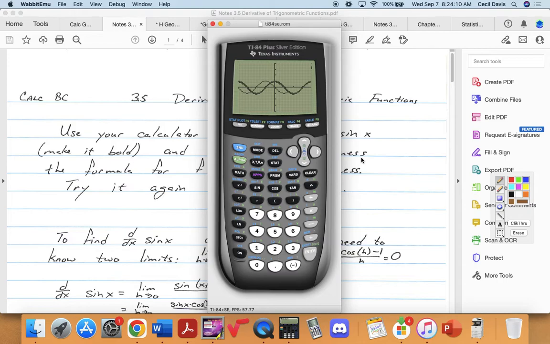It kind of looks like sine, but it's going the wrong direction. It's flipped over. It turns out that the derivative of cosine is the opposite of sine. It's negative sine x.